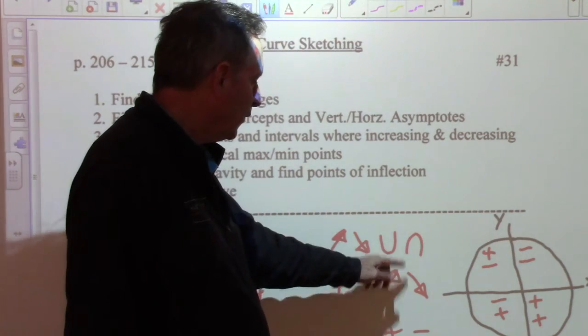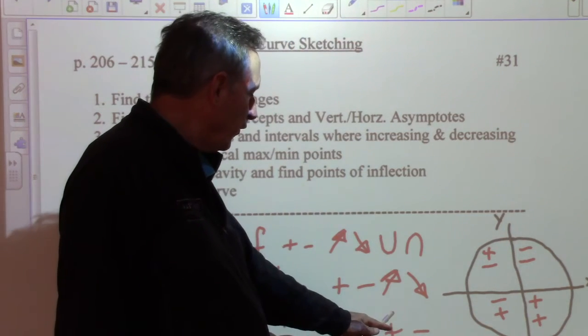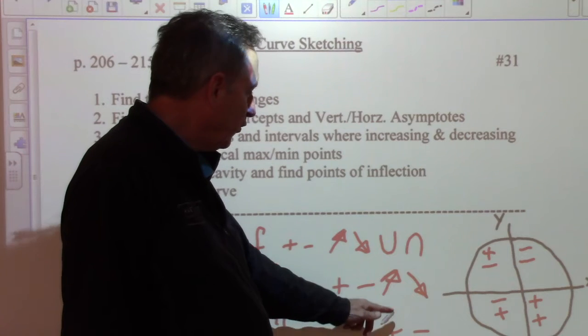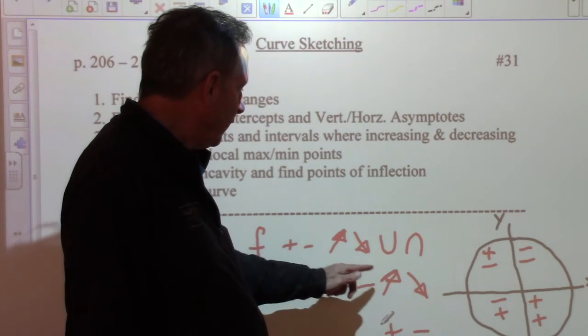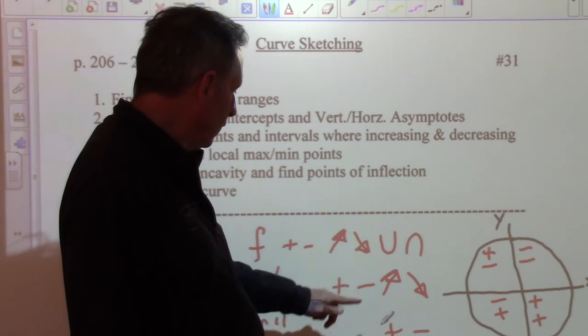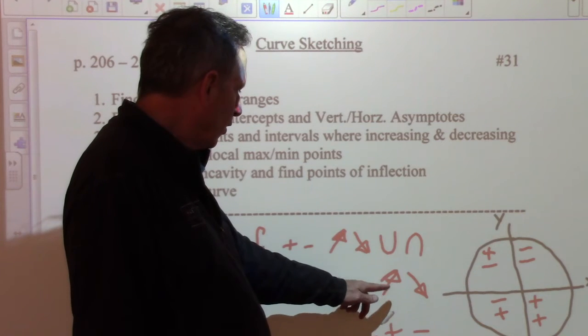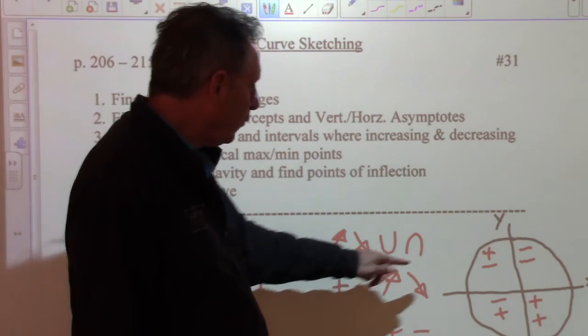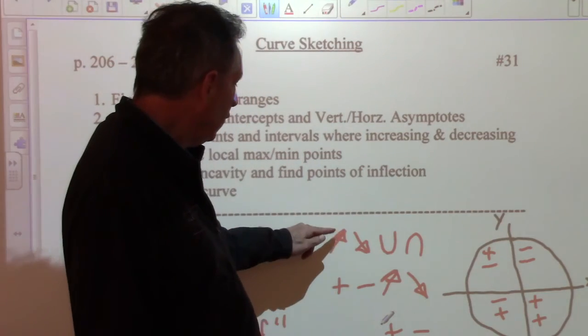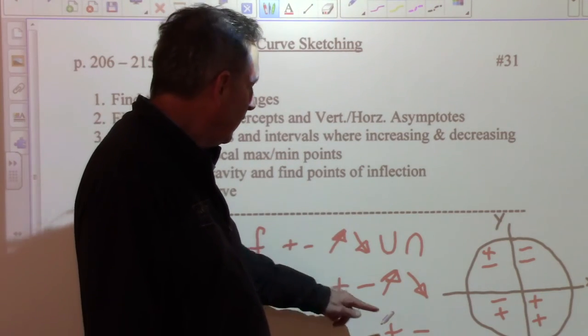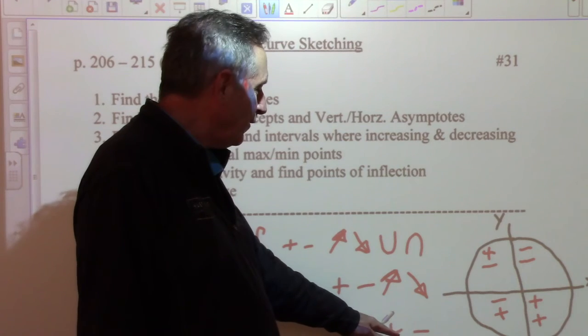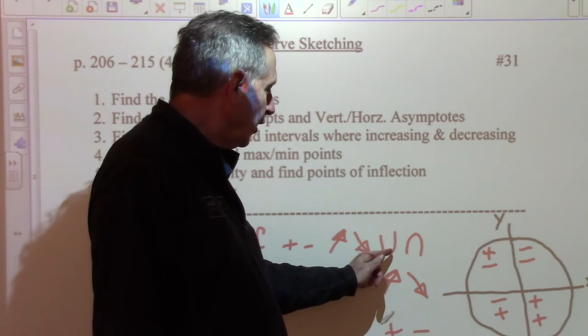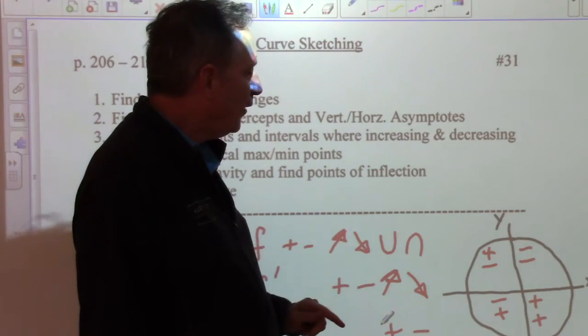So this one here, if this is positive, this first one on top, tells you that F is increasing, and the next sign right below that tells you if it's going to be concave up or concave down.